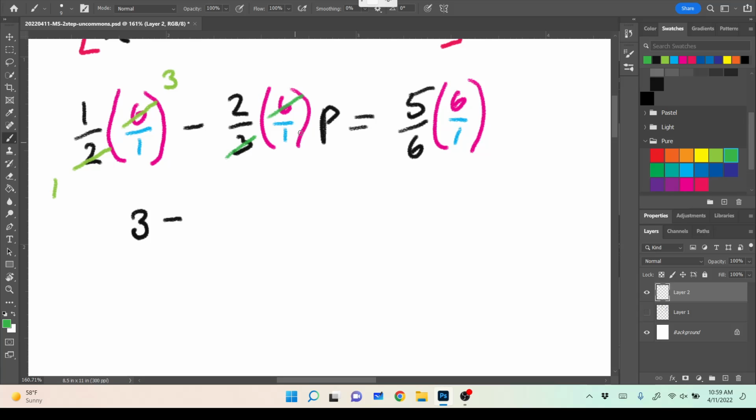What is this reduced by? 3. So 6 divided by 3 is? No, 6 divided by 3 is 2. And then 3 divided by 3 is? I am pre-reducing. I expect you to do the same.